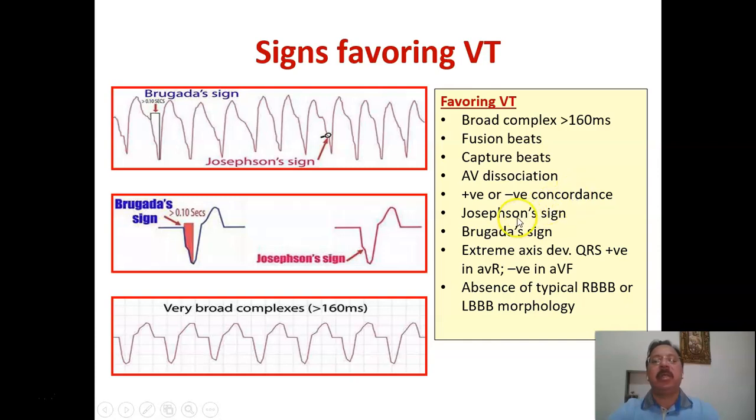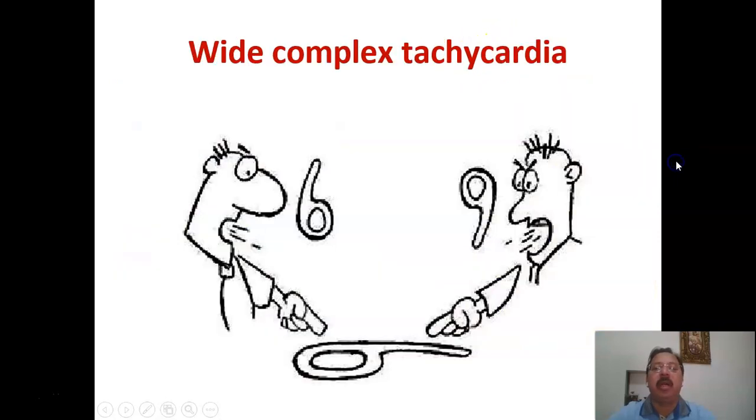You will see the Josephson sign, a few notches present throughout the wide QRS complexes, and you may get the Brugada sign, that is the RS width more than 0.10 second, and you may get very bizarre and extreme axis deviation, and there is absence of typical right bundle branch block or left bundle branch block morphology. If these signs are available, this is more in favor of ventricular tachycardia.